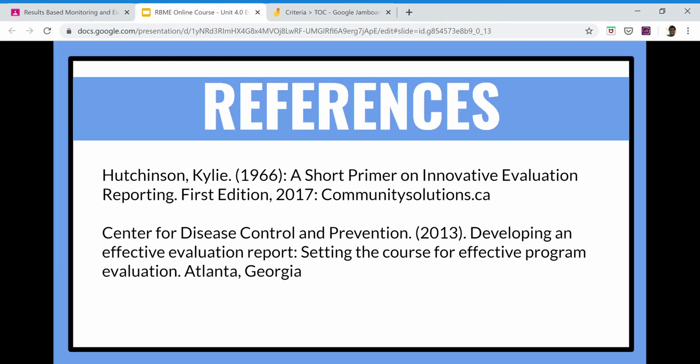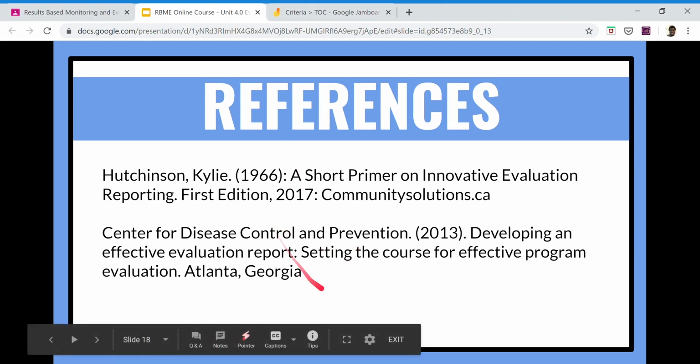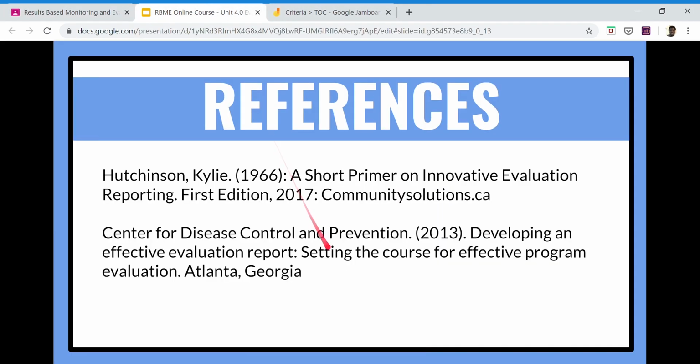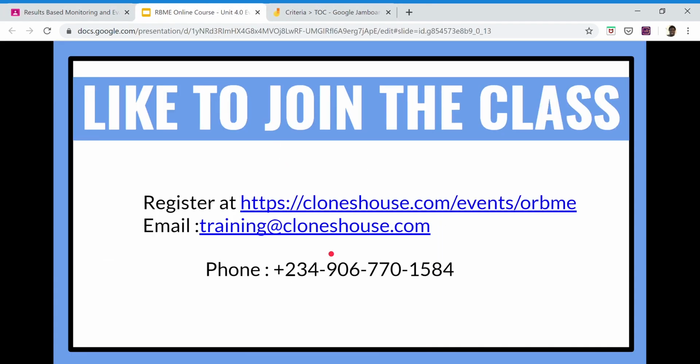It's very useful. Unfortunately, our internet will not show us that page. But we have all those references in the classroom, so make use of them, and we hope that will be useful.